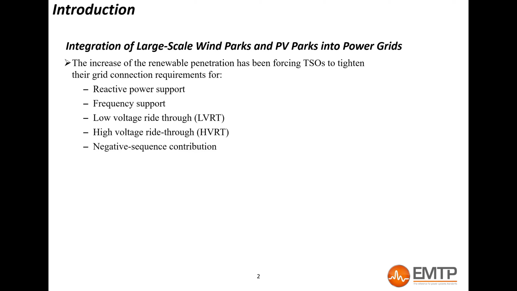Also now in some countries, and it will probably be generalized in the future, there are requirements on negative sequence contribution for all these inverter-based devices, which are the wind parks and PV parks.